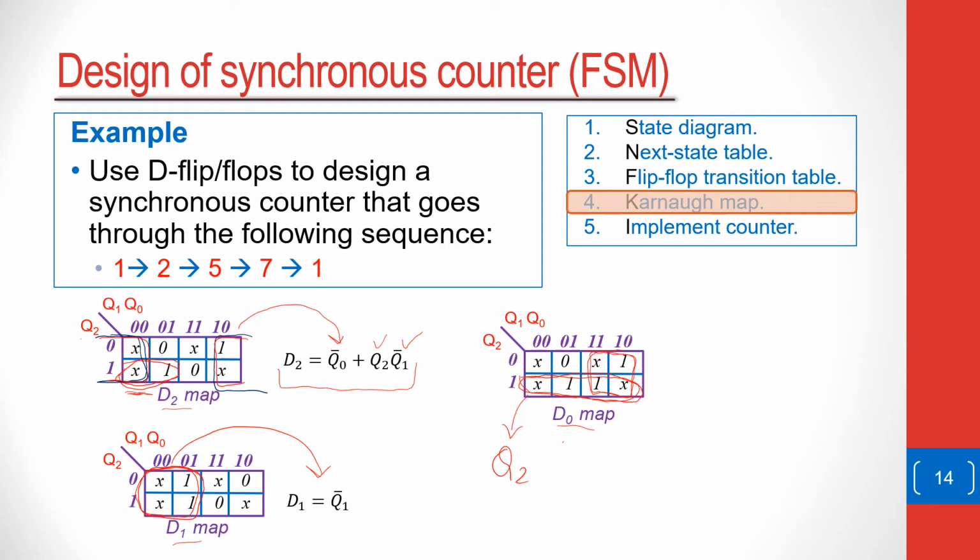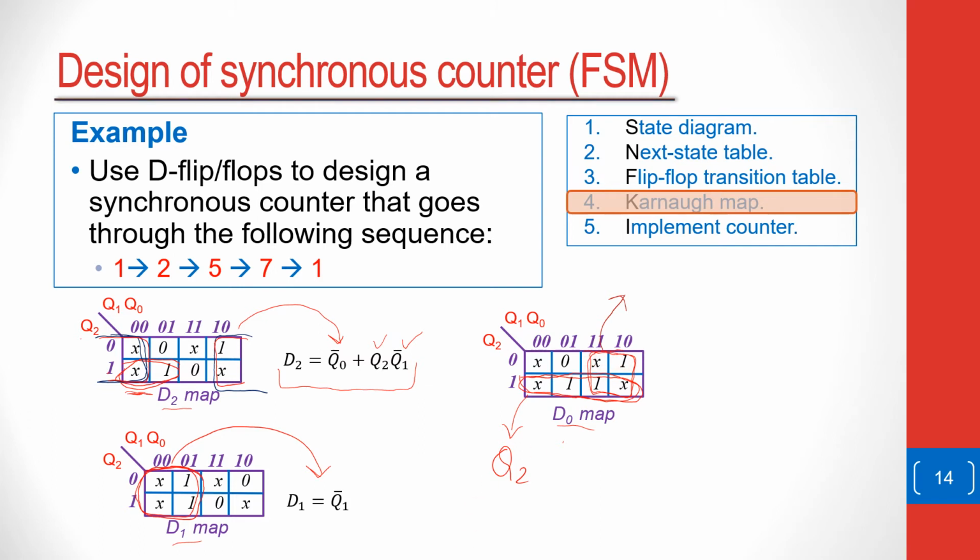Now, if you look at this particular group, as you move up and down, Q2 changes from 0 to 1, so Q2 is eliminated. But as you move across this way, you see that Q0 changes from 0 to 1, but Q1 remains.